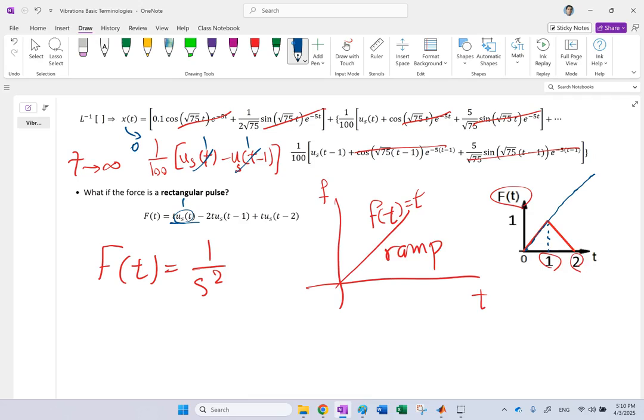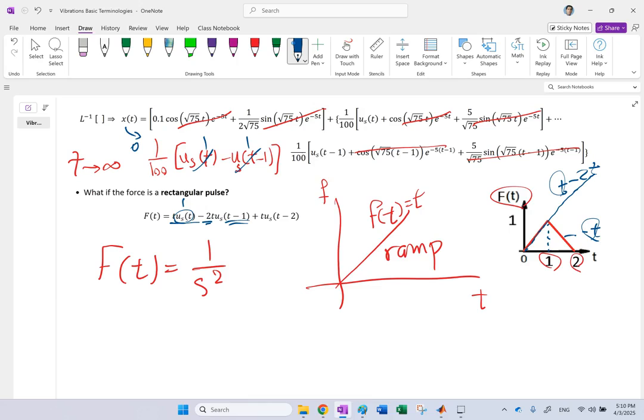Yes? Is that right? But the thing is, the slope of this is positive t. The slope of this is negative t. So you have to go from positive t to negative t. So you have to subtract 2t from this to get to this one. That's why you subtract a 2t and you start that signal at 1 second.